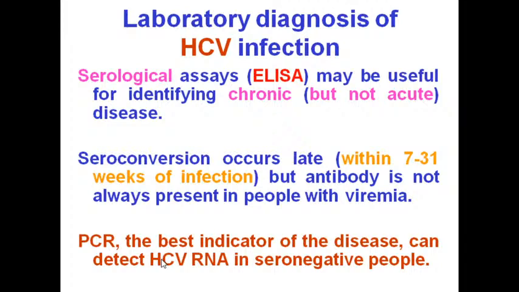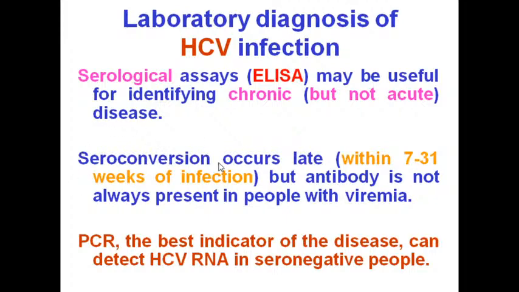How is the lab diagnosis performed? ELISA can be useful to identify chronic but not acute disease. Seroconversion occurs after a very long period of time. So what is seroconversion?